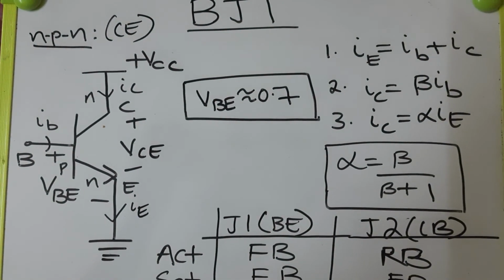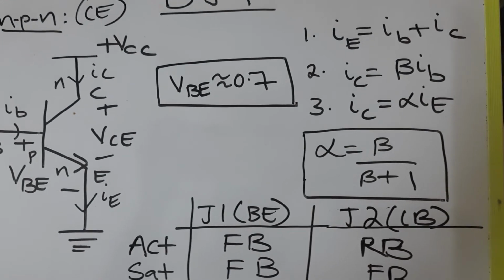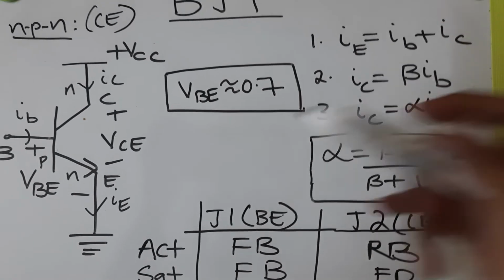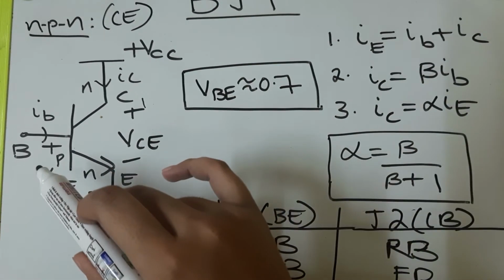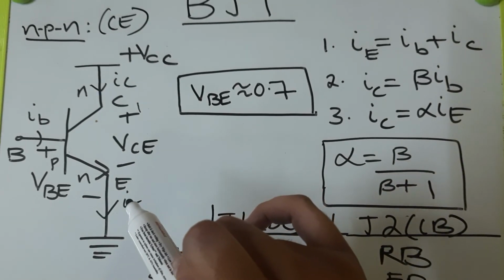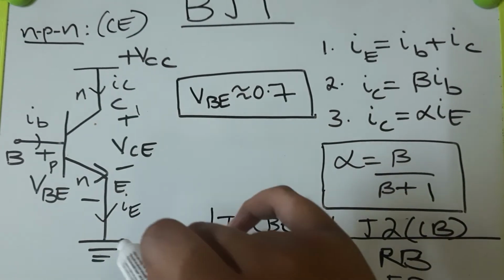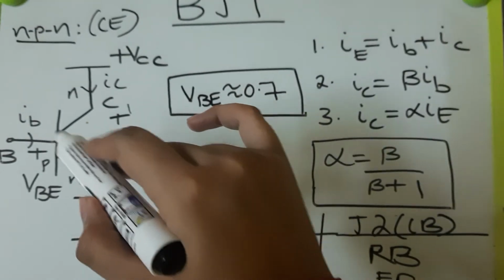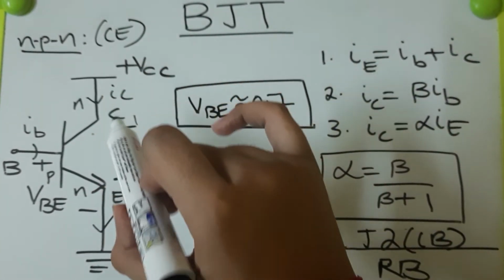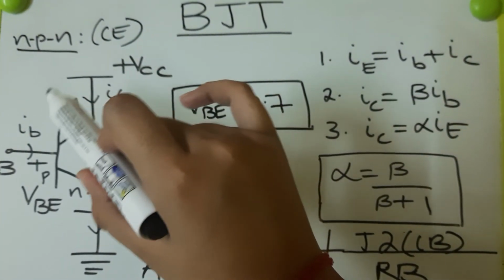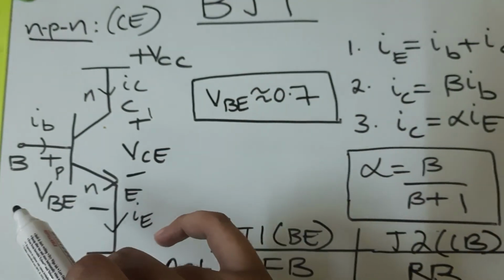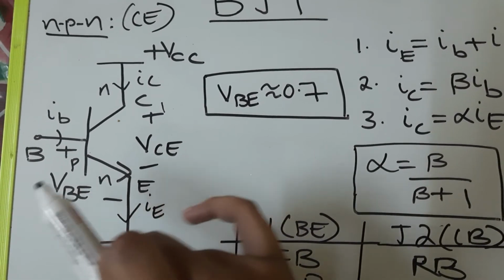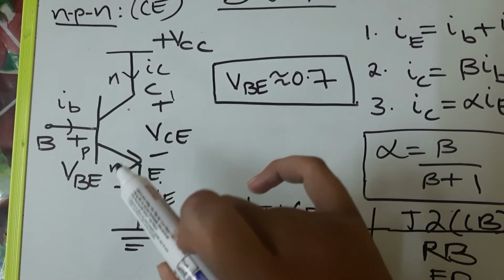Now, the basic structure of a transistor is a three-terminal device with a collector, a base and an emitter. NPN means the collector is connected to the N junction of the diode, the base to the P junction, and the emitter again to the N junction.